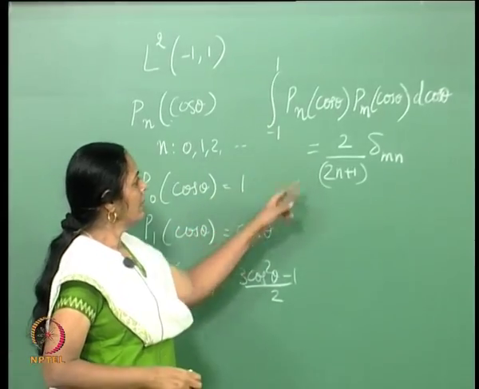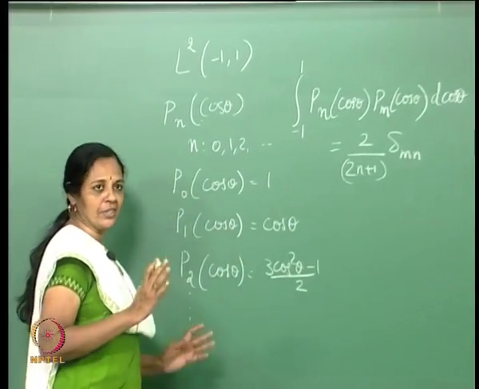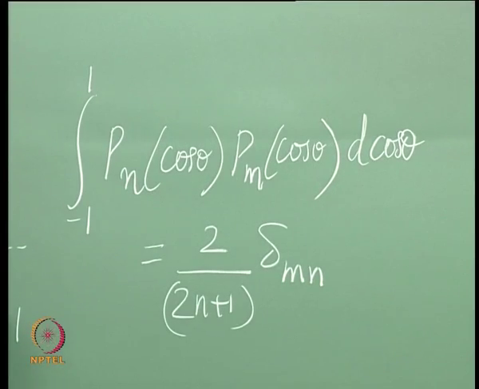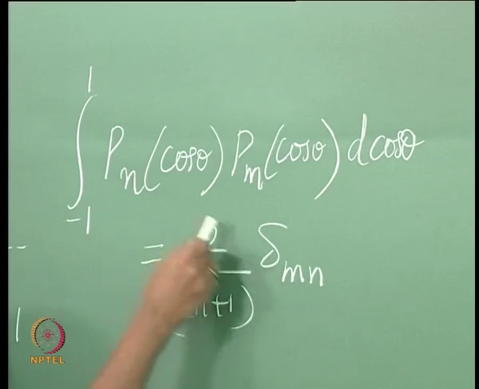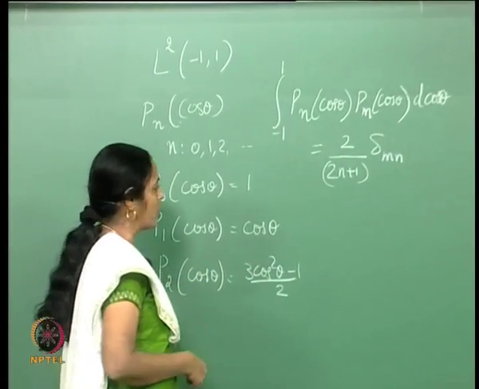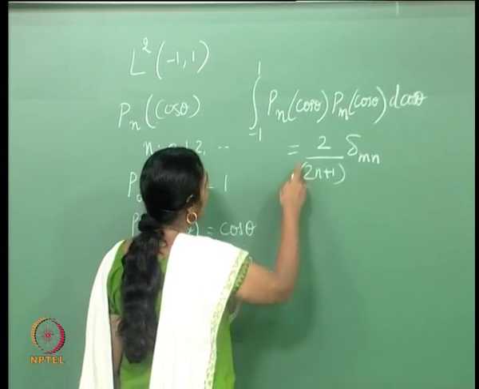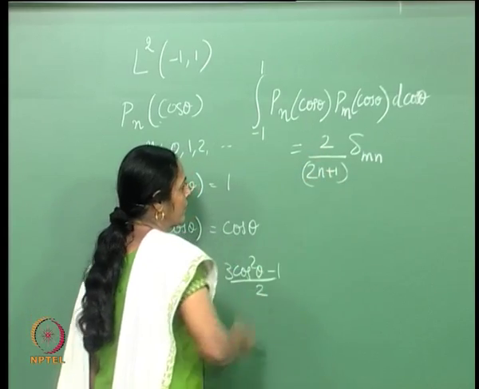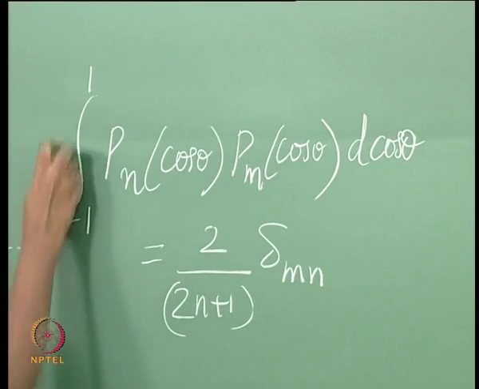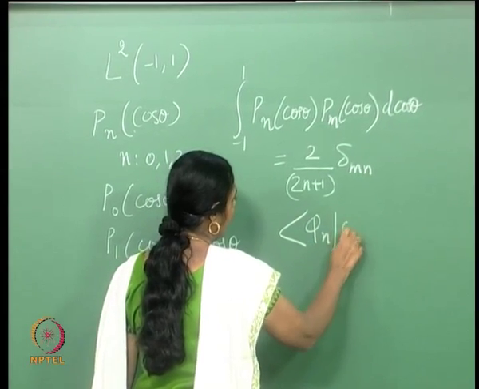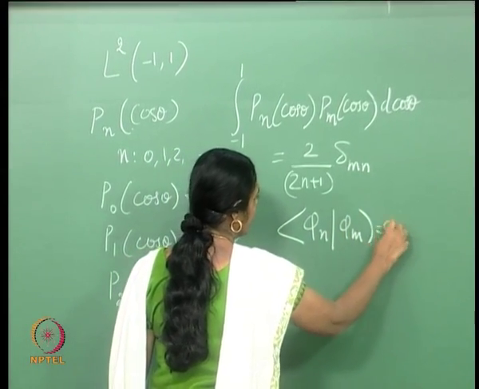Now this is the orthonormality property that the Pn's satisfy. The delta mn takes care of the fact that these are orthogonal to each other if n is not equal to m. Of course you have a constant, a number out here, 2 by 2n plus 1, but this is certainly the analog of the statement phi n phi m is delta mn.